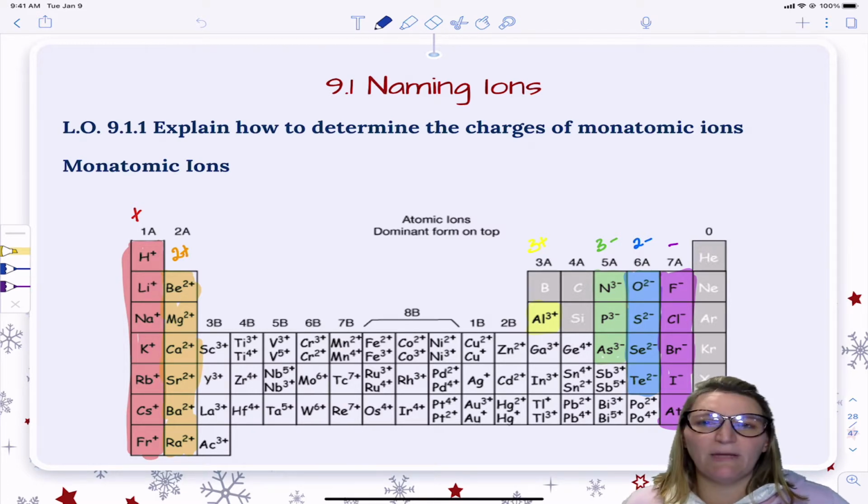Then we sort of skip the next column because it is very diverse with nonmetals, metalloids, and metals in it. The nitrogen column always gains 3 electrons to form 3- ions. Oxygen's column gains 2 to form 2-. The halogens gain 1 to form 1-. And of course, the noble gases are grayed out there because they do not form ions.